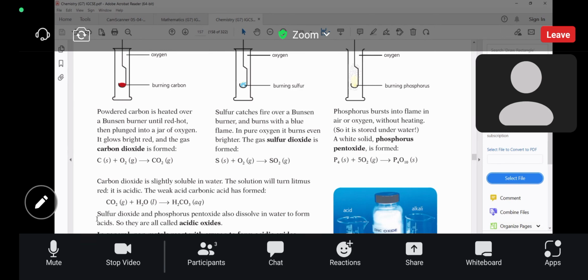Right. Sulfur dioxide and phosphorus pentoxide also dissolve in water to form acids. So they are called acidic oxides. So you can write the definition of acidic oxide like this.